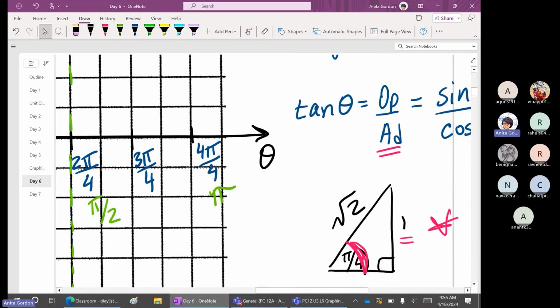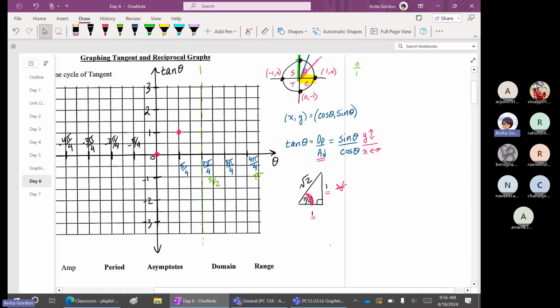Pi by 3, think of our special triangle here. Tangent of pi by 3 is square root 3.